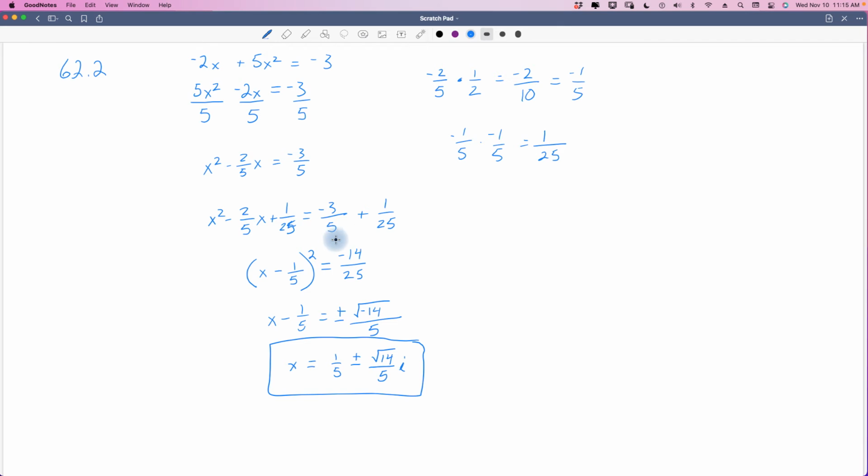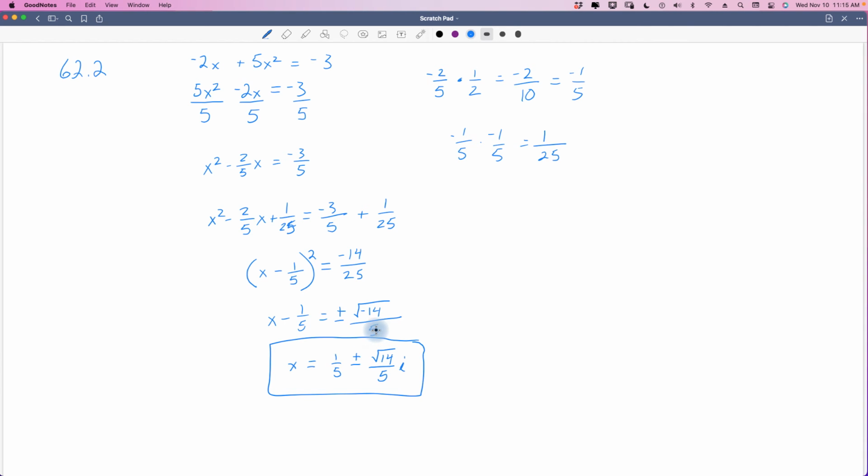When we multiplied this to get a denominator of 25, we got negative 15 plus 1 gave us negative 14 over 25. We were able to factor this into x minus 1/5 squared, which let us unsquare and have x minus 1/5 equals plus or minus the square root of negative 14 over, and we squared the 25, so that was 5. So we took the square away.